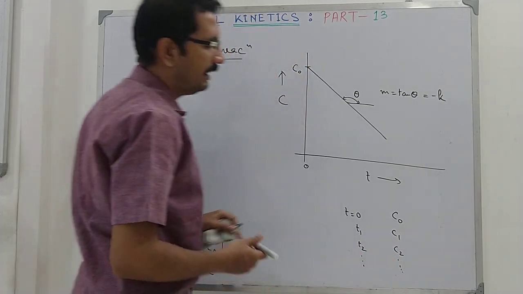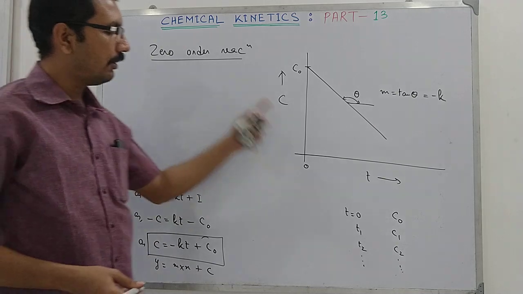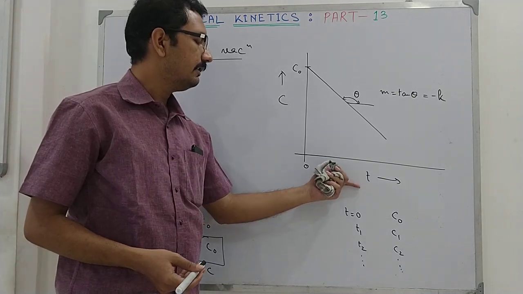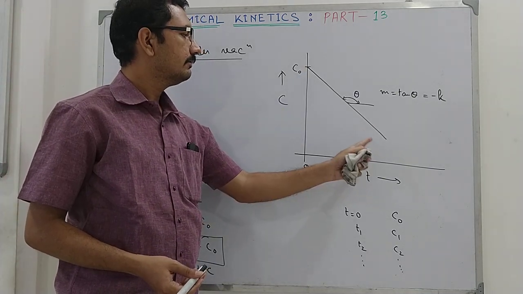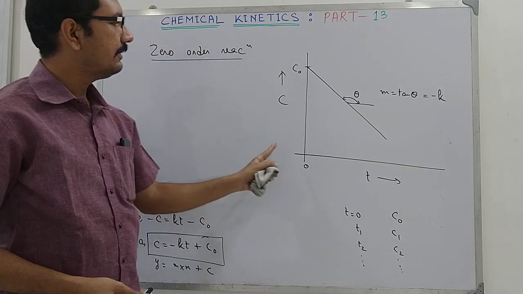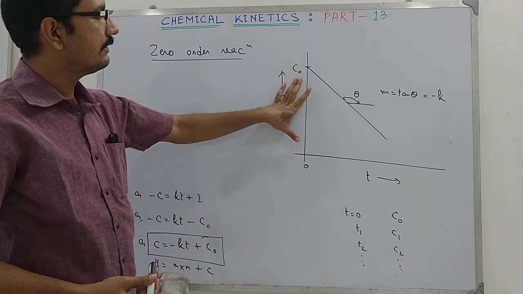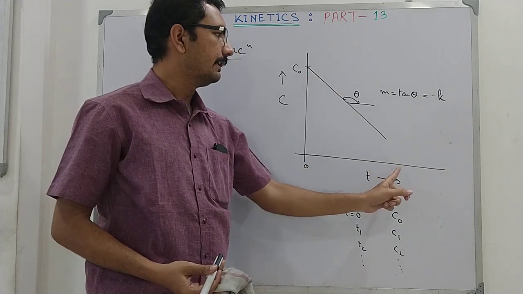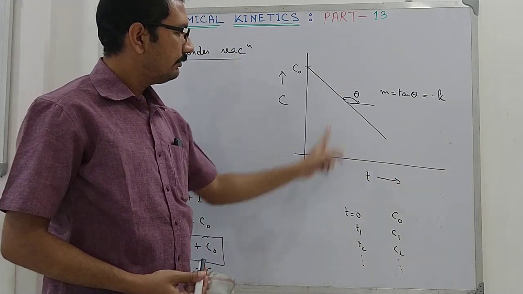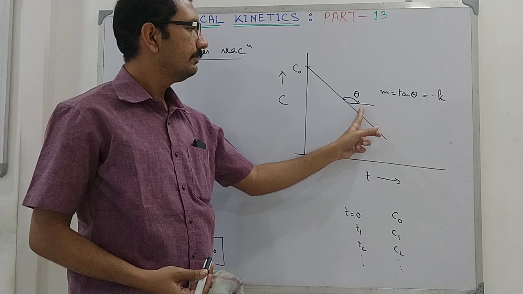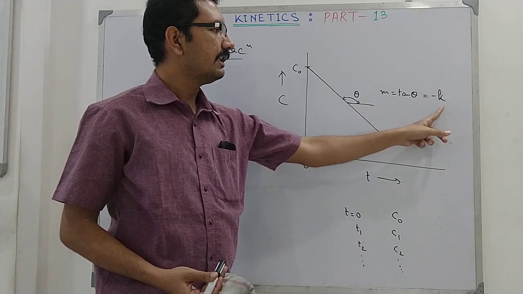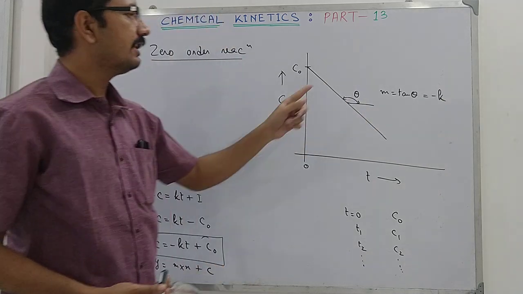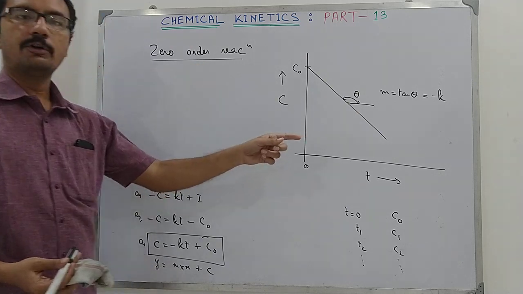You have many data. Then if you plot C versus t, you will get a straight line having an intercept at C0. So starting from initial concentration C0, the concentration will fall along this line. Now you measure the slope and you get it is minus k. So you can have the value of the rate constant of a zero order reaction from this graph.